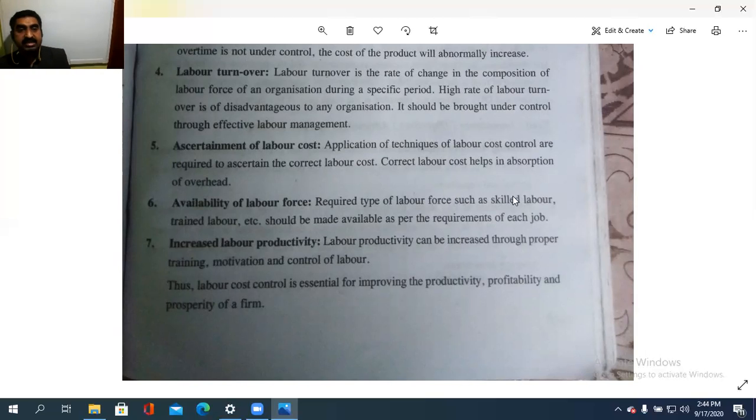Then increased labor productivity. Labor productivity can be increased through proper training and the motivational aspect, thereby controlling the labor cost. So that is increased labor productivity. So what are the objectives?